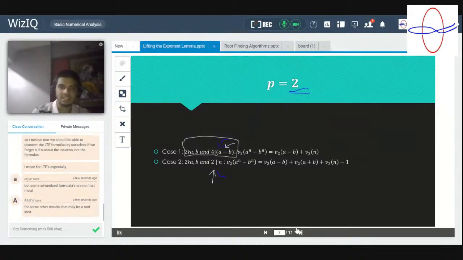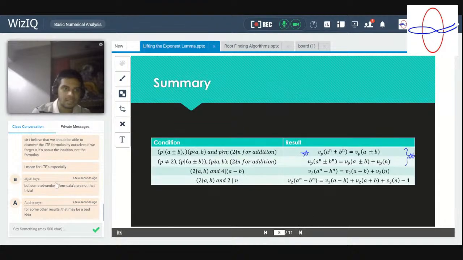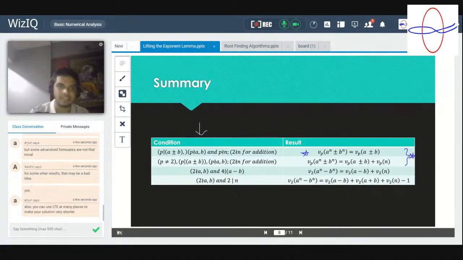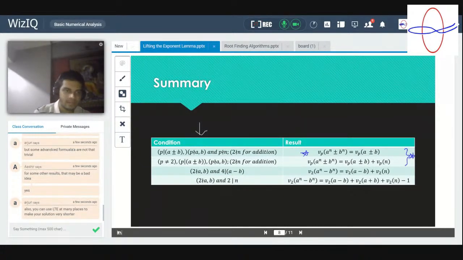It's just that you always need to ensure that the conditions follow, because it's extremely easy to apply the result of LTE without verifying the required prerequisite conditions, and then that just negates everything. Yes, exactly.